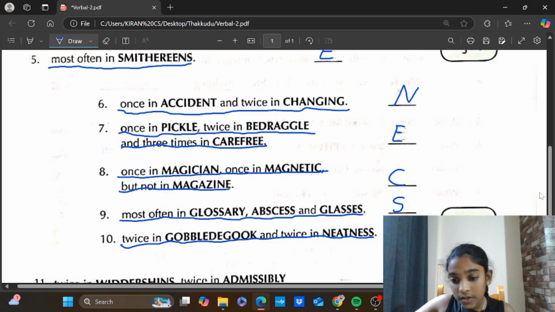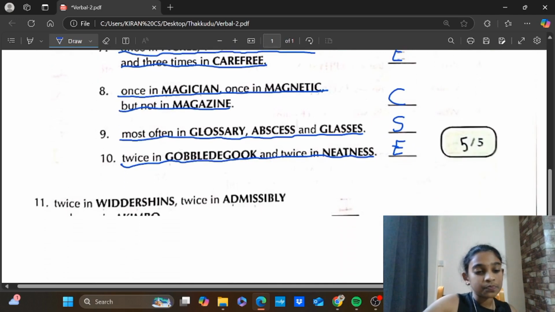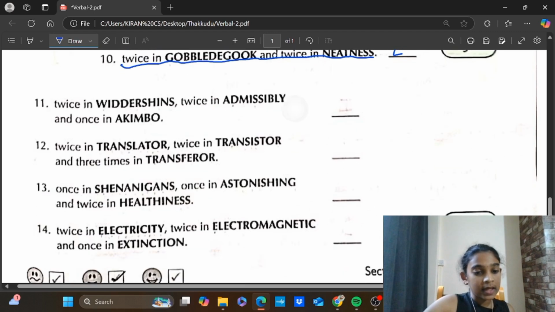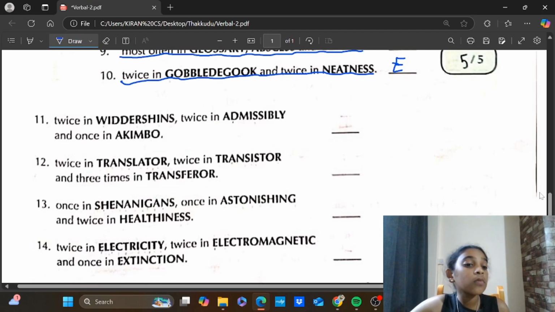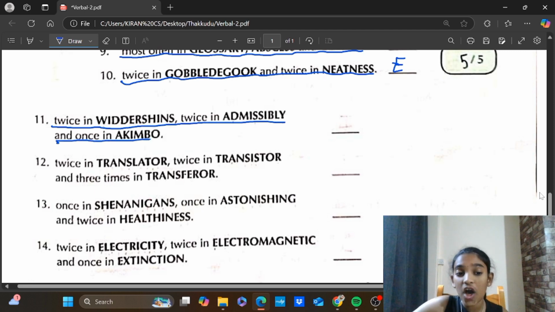Okay, so let's move on to the next question. So next question is twice in the first word and twice in the second word and once in the third word.